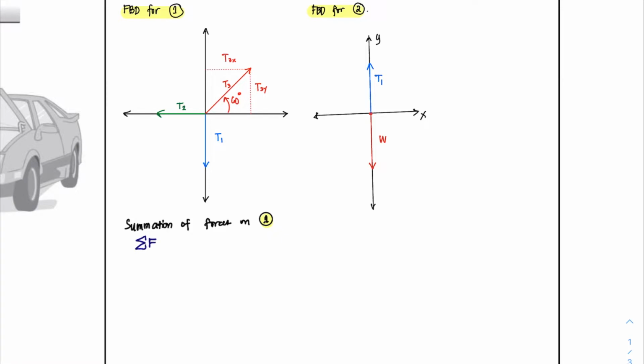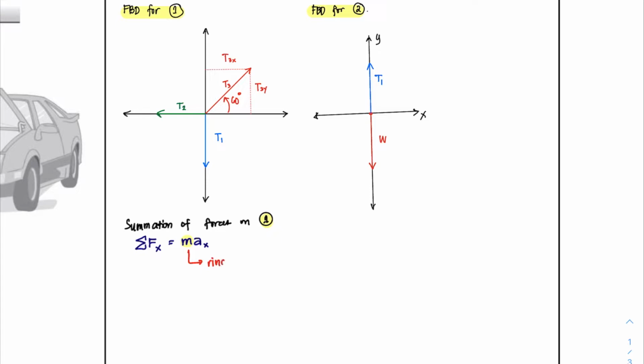The first thing that you should remember is you use this form, the sum of the forces, and you have to indicate the subscript. That means I am looking at the x component, so that's why I have a subscript x here. I'm hoping you are seeing that. So the sum of the forces in x is just equal to the mass multiplied by the acceleration along x. Now, let's try to break down the components of this equation first.